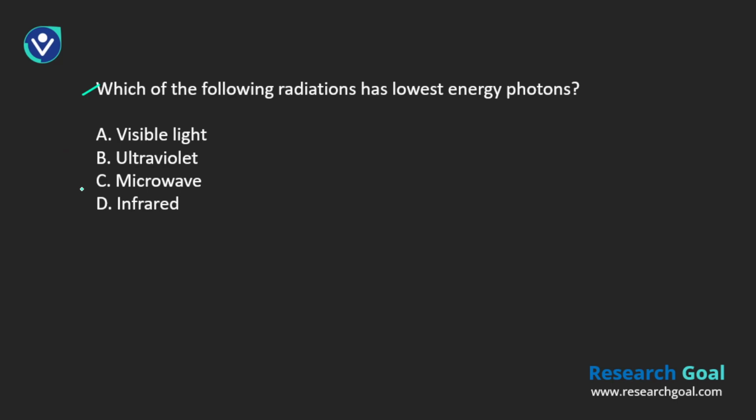The answer in this case is C, microwave. They have the lowest energy photons. Now, why is this option correct? Because you know that E equals h nu. So whichever radiation has the lowest nu will have the lowest energy.